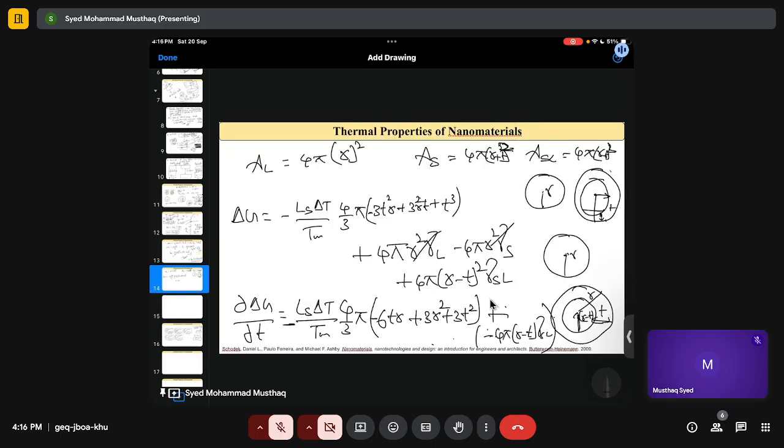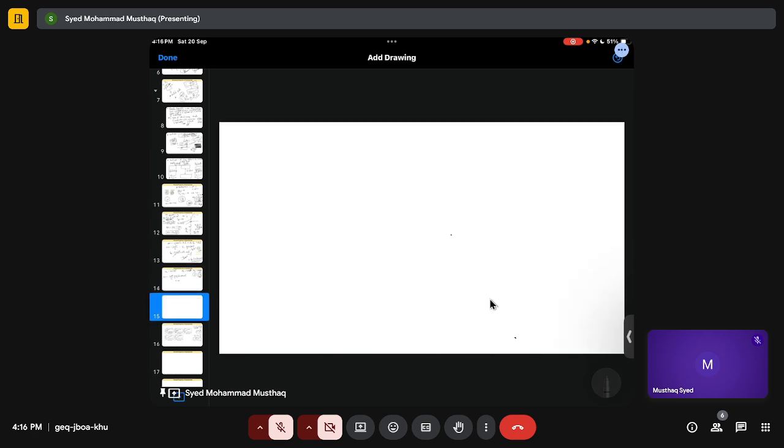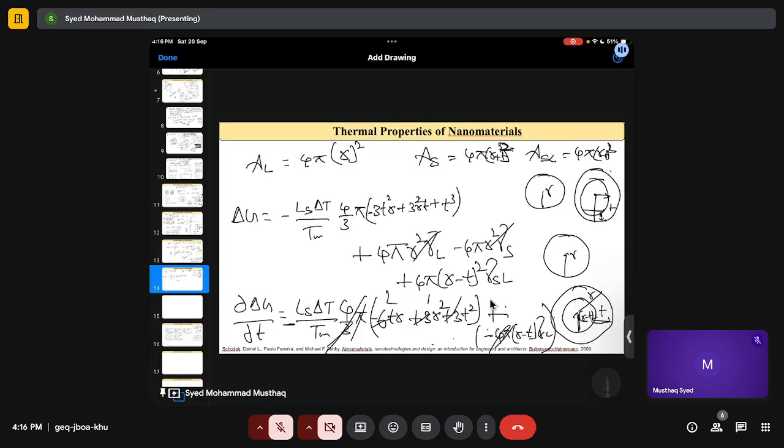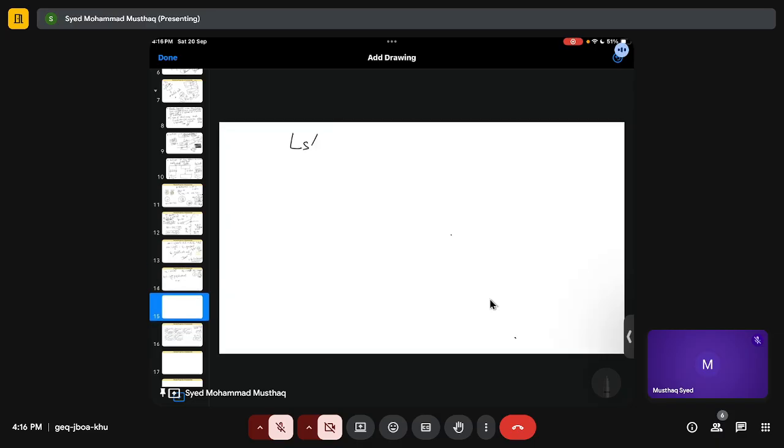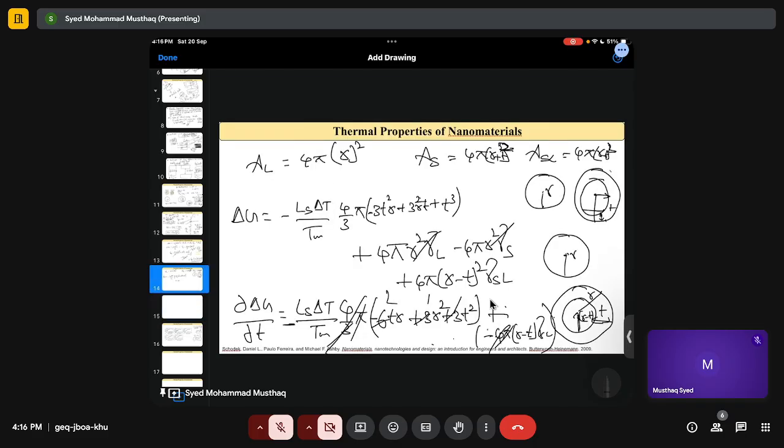Now if I substitute all these terms, let's take 4 pi out and 3 cancels everything here, 1 1. What are we left with? Ls delta T upon Tm. This is minus 2TR, right?